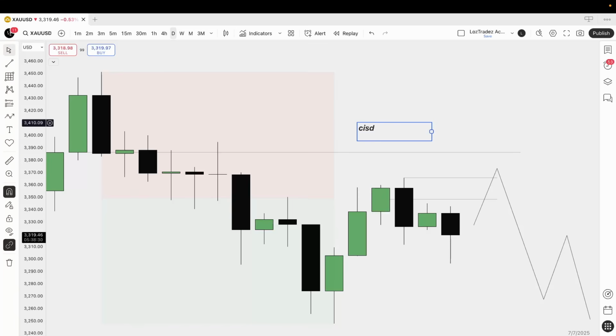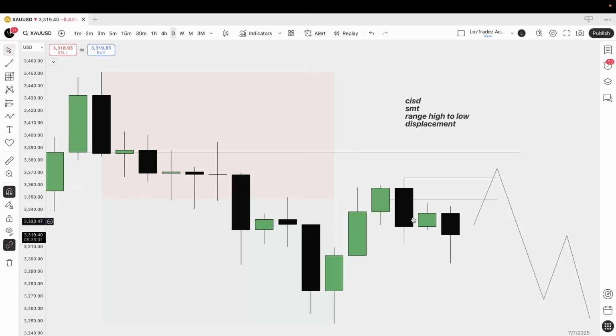Change in state of delivery, SMT, range high to low, and displacement in general, but you know, that's CISD. These things confirm to you that price above here wants to go lower. And that is how we use the 20-day IPDA data range.